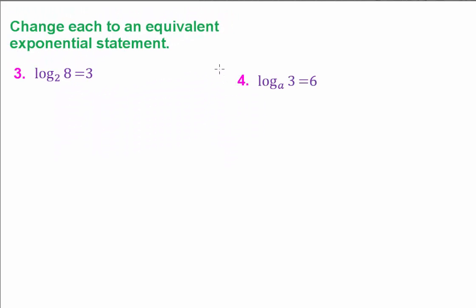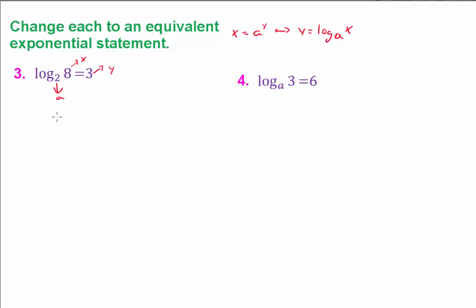We're going to change each of these statements from a logarithmic statement into an exponential statement, and it's important to remember that this relationship exists: x is equal to a to the y can be converted to y equals log base a of x. Using that information, we know that 2 for number 3 happens to be a, 8 happens to be x, and 3 happens to be y.